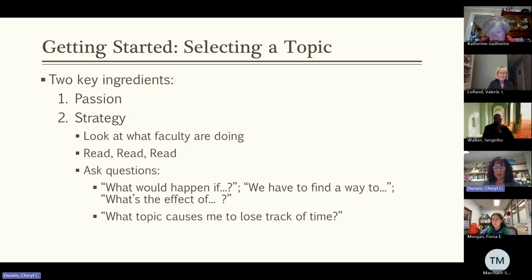What is the effect of something? That's what we generally use in psychology a lot, dealing with independent and dependent variables. What is the effect of this variable on various outcomes? So ask yourself lots of questions and then dig into the literature a little bit, because you have to have some background knowledge in order to formulate some questions. So what's your passion and what's your strategy? Easier said than done.